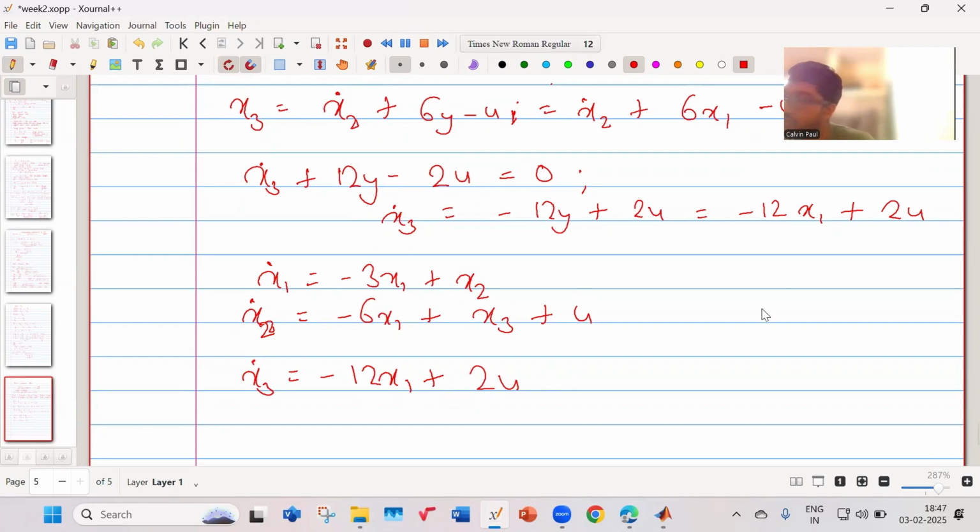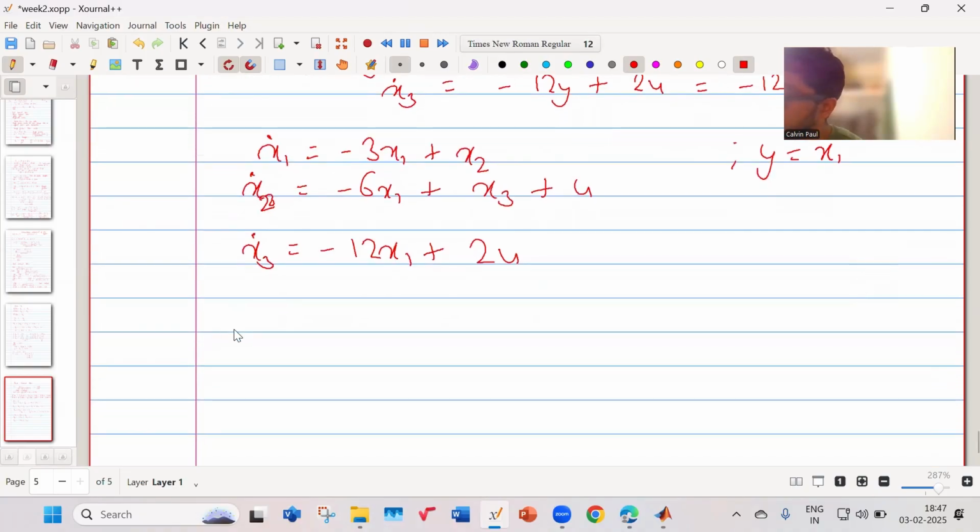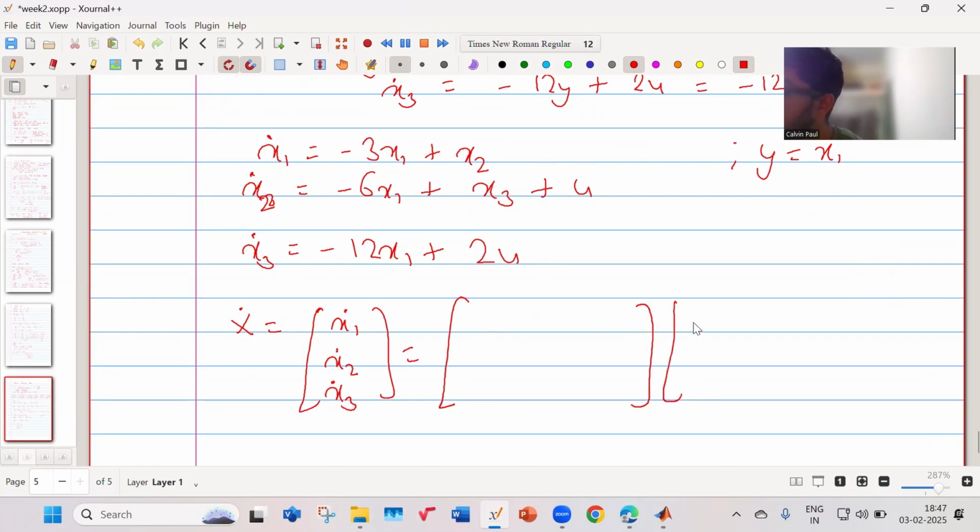Okay, and we also know that our y is equal to x1. So how do we represent it as x dot? Which is actually your x1 dot, x2 dot, x3 dot is equal to A into x1, x2, x3 plus B into u.